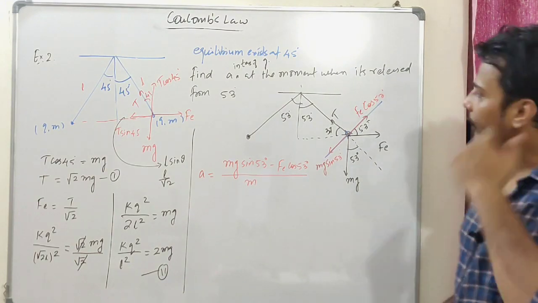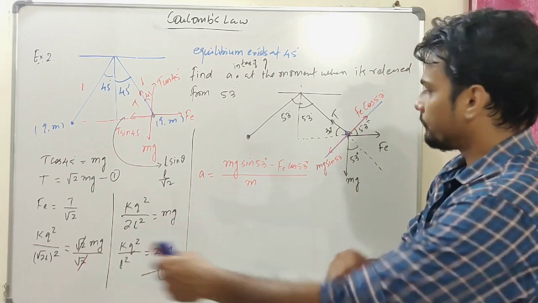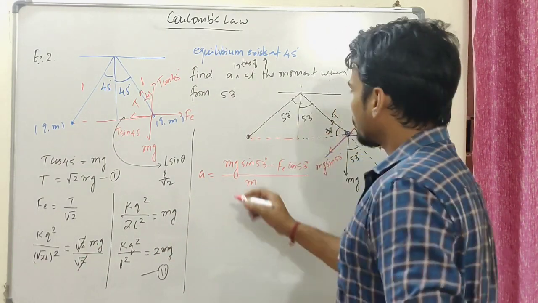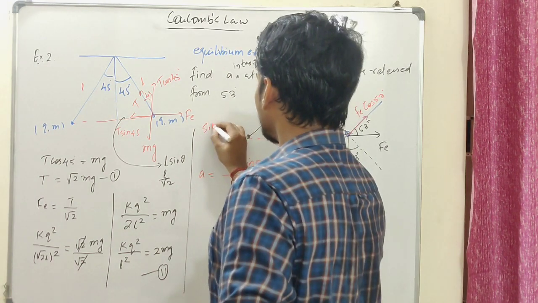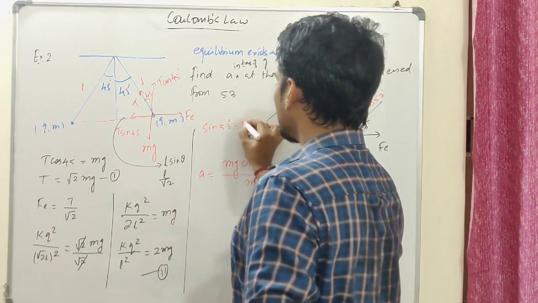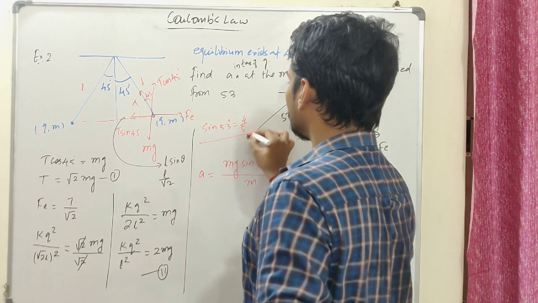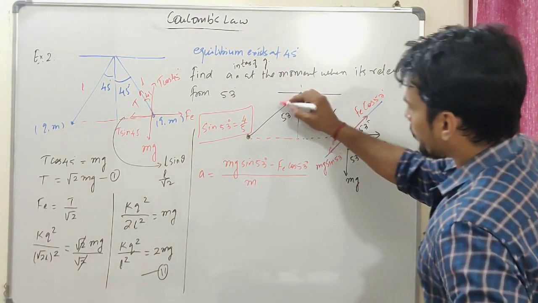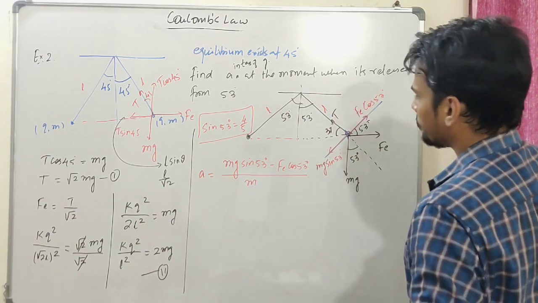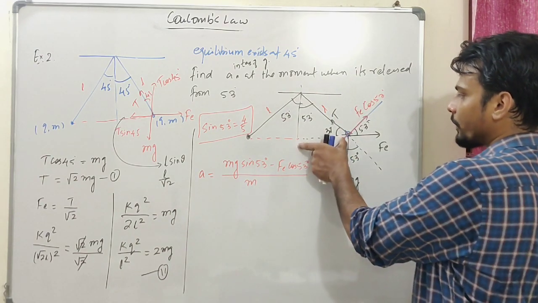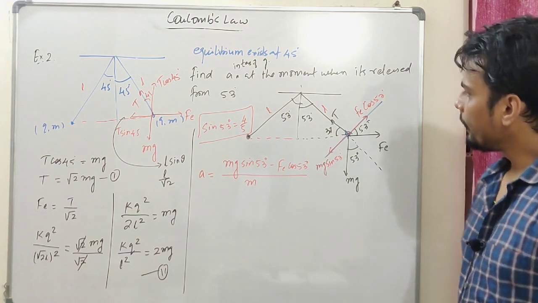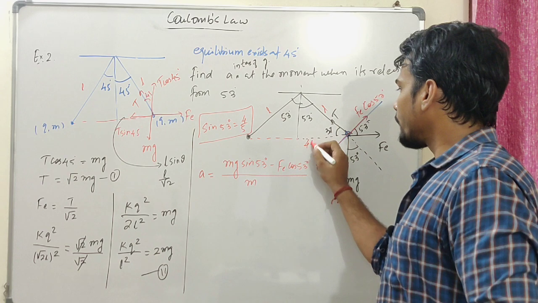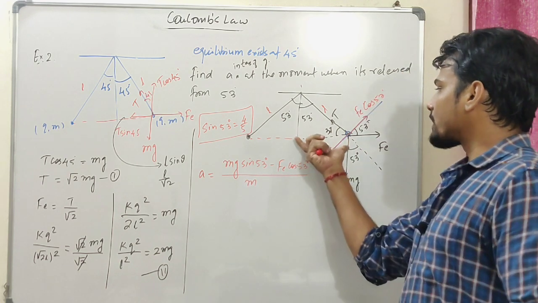Now let us put the values. Before that, we know that sine 53 degree is 4 by 5. Length of the string is, let's say, L itself. To find the value of Fe, I must know this length, which should be L sine 53. It means 4L over 5 should be this part, right?